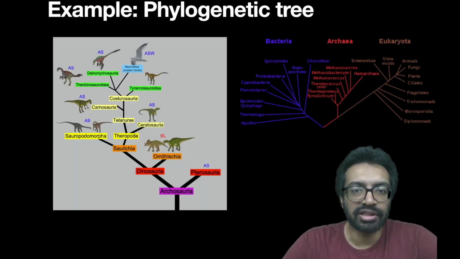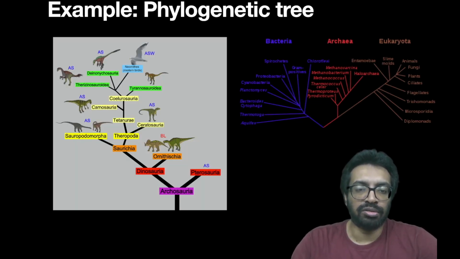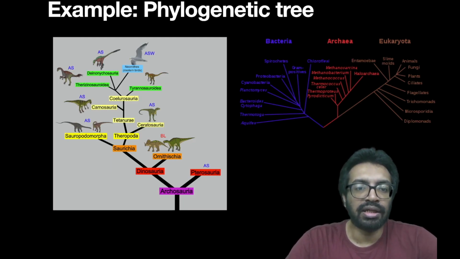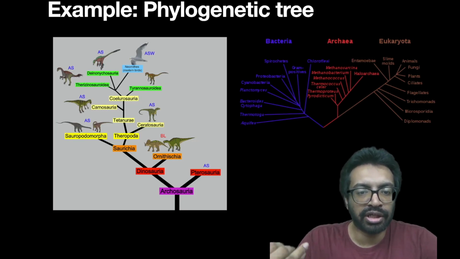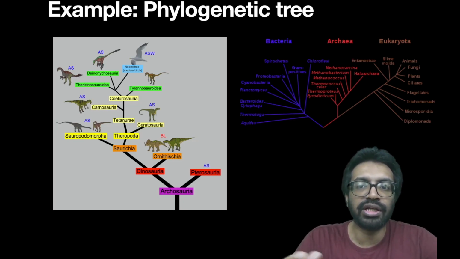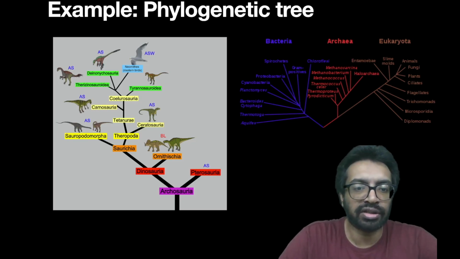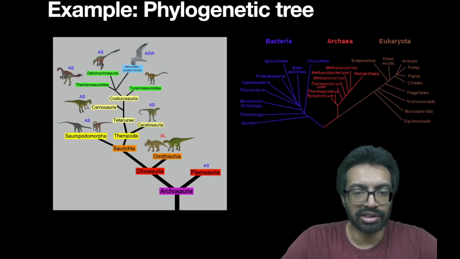Now let's go to another example. In this representation, the tree grows bottom up, and it gives evolutionary information. Those who are familiar with biology might be able to understand this tree.